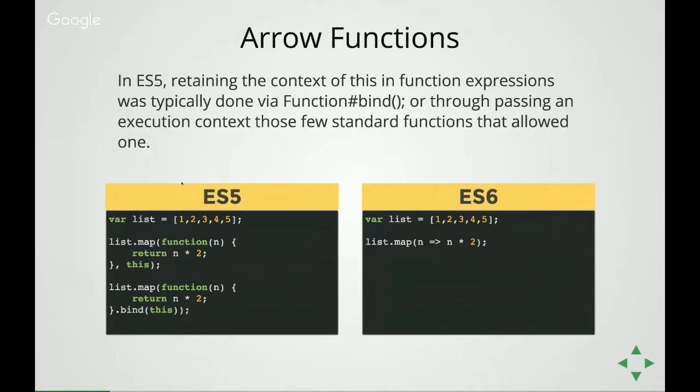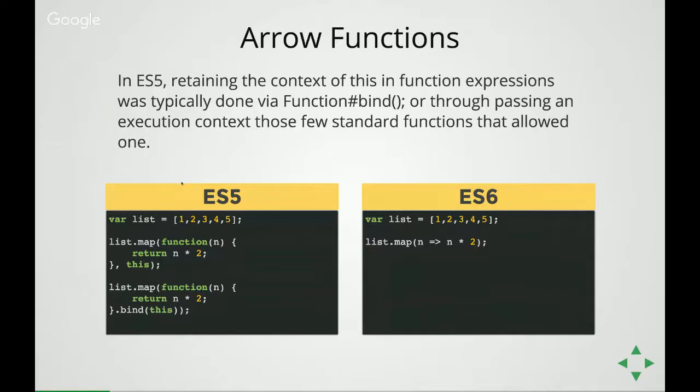So if you look at ES5, if we wanted to write a function and still access or retain access to the scope from the parent scope that the function was called in, we would have to do some things like bind, or hopefully use a function that allowed us to pass a context, which map also lets us do as well.